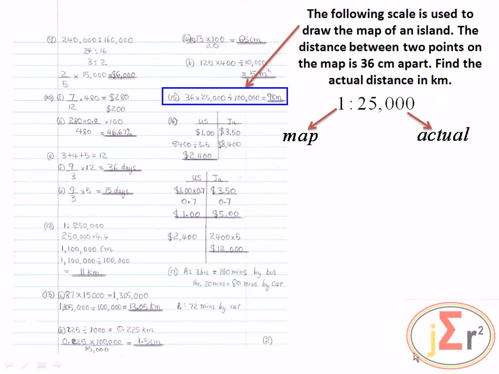In this particular problem, which is number 15, all we are doing is using the scale of a map that we have right there to convert the distance between 2 points on the map. And the distance between the 2 points on the map is given as 36 centimeters.